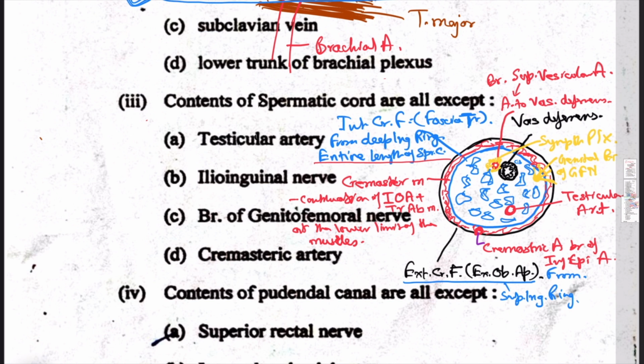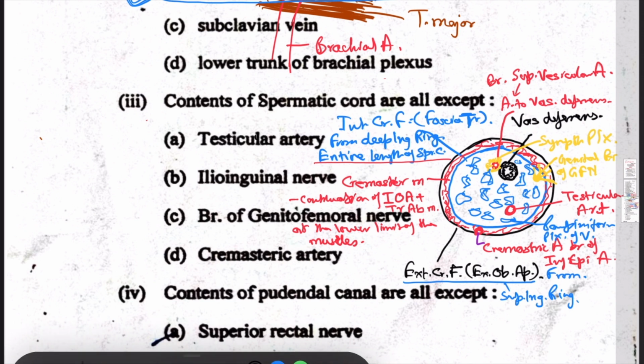So varicocele of this pampiniform plexus of veins, right? Testicular veins, so that you find here. And don't forget, there are also lymphatics. Lymphatics are also seen there.